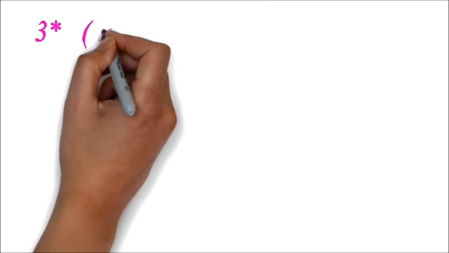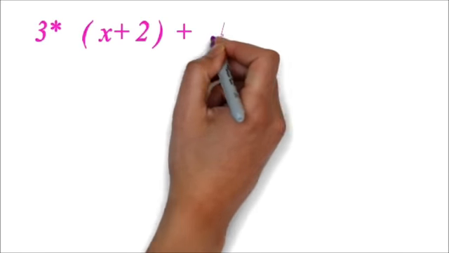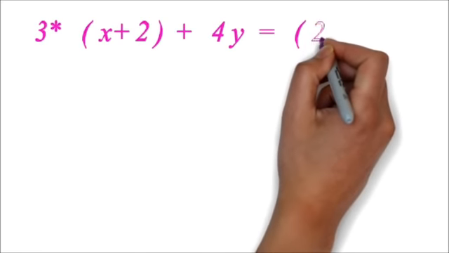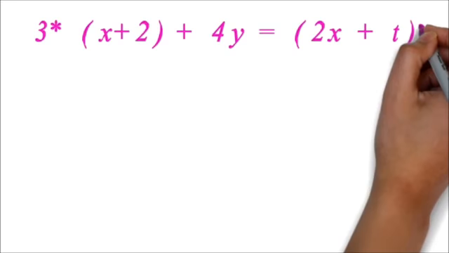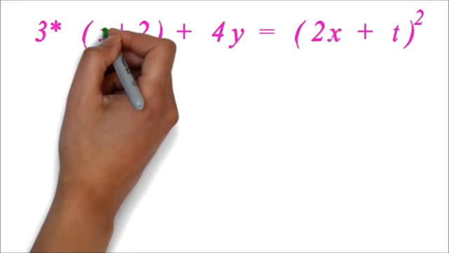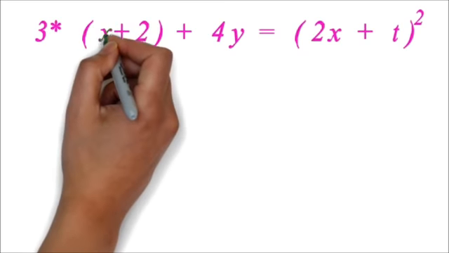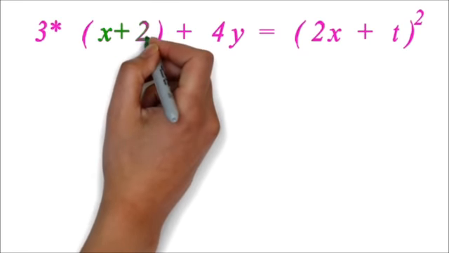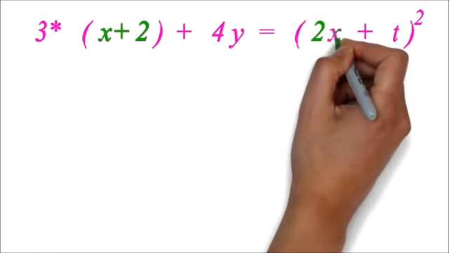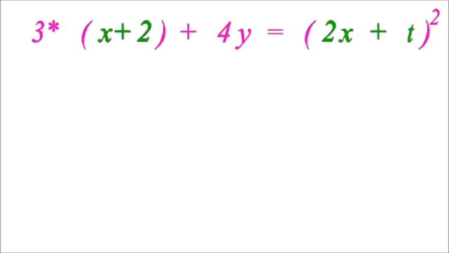Sometimes you are given an equation which looks like this. We have 3 times, in parentheses, x plus 2 plus 4y equal 2x plus t all squared. So here, you notice that the x plus 2 is grouped with a parentheses, and the 2x plus t is also grouped with a parentheses.